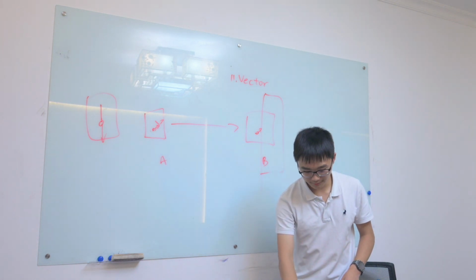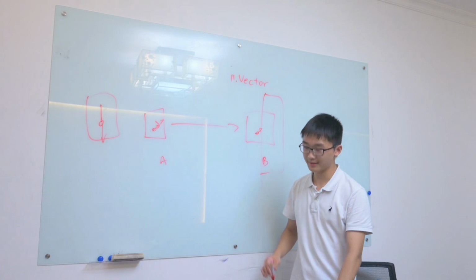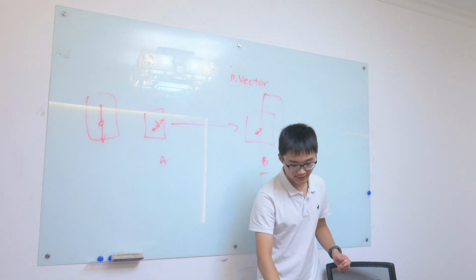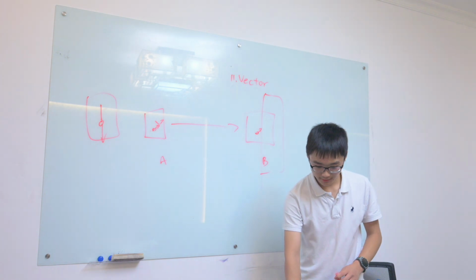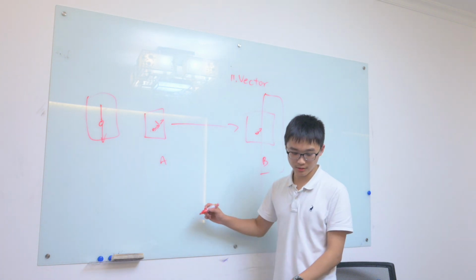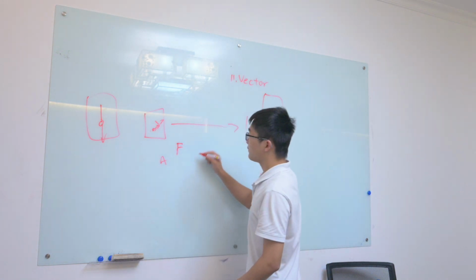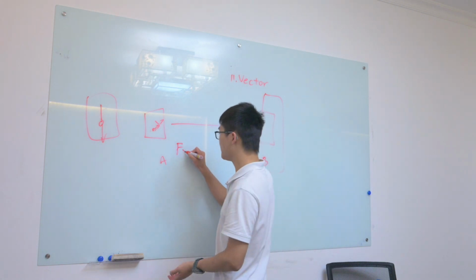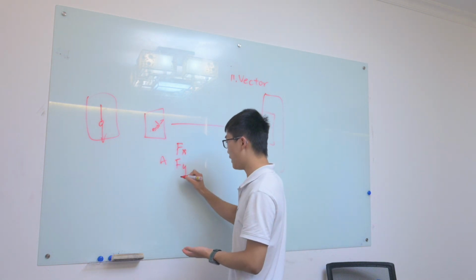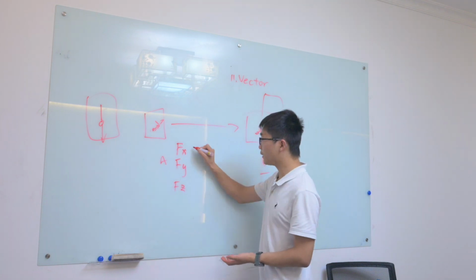Okay, going on to the second part of this chapter, translation. So we recap that in Newton's law, for example, a force, we can decompose it into Fx, Fy, and Fz. And what is it equal to?